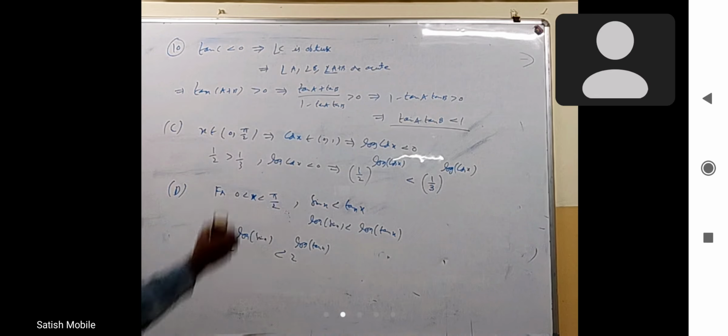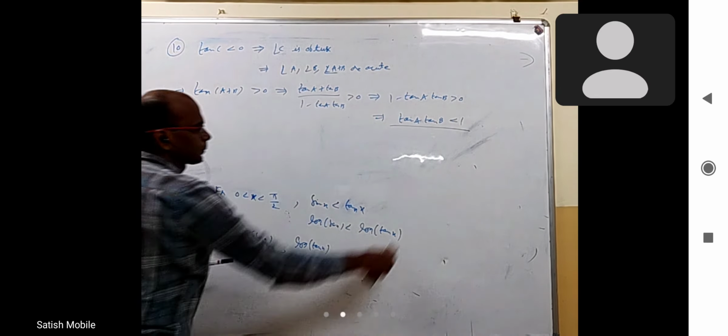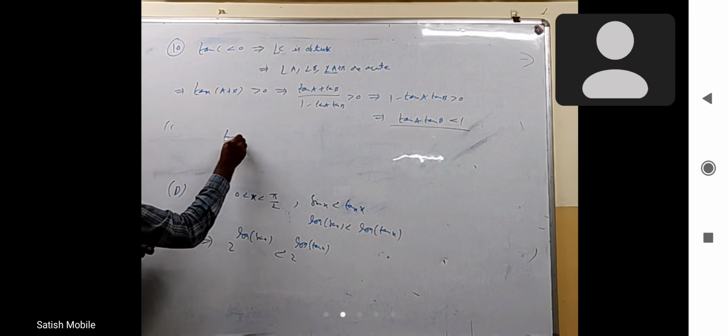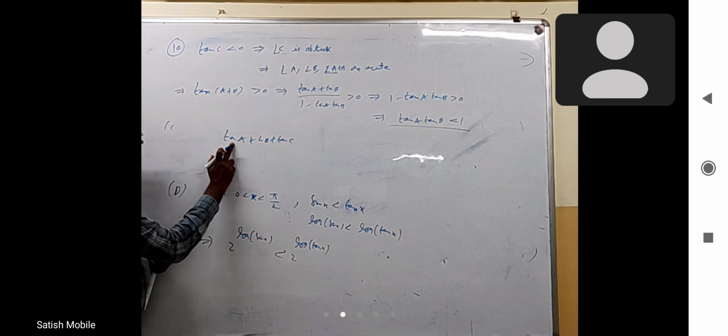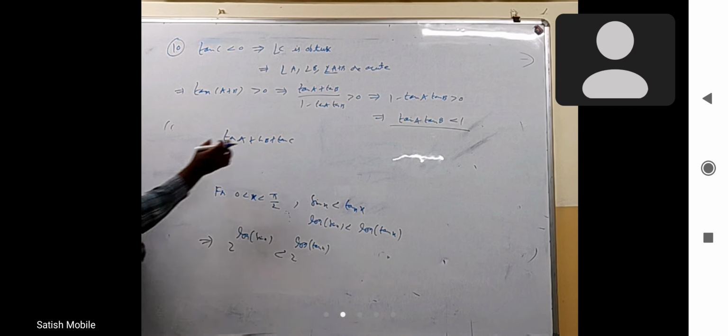Next, they asked about tan A plus tan B plus tan C. This is positive, this is positive, this is negative. Finally, whether it is positive or negative, I cannot conclude. When you add two positive numbers and one negative number, finally it is positive or negative, I don't know.